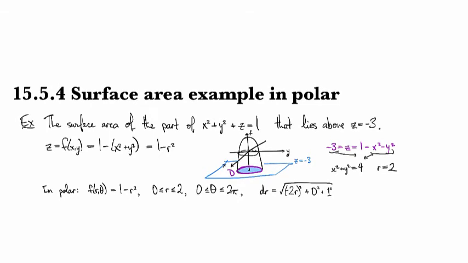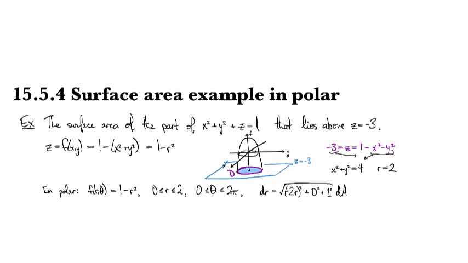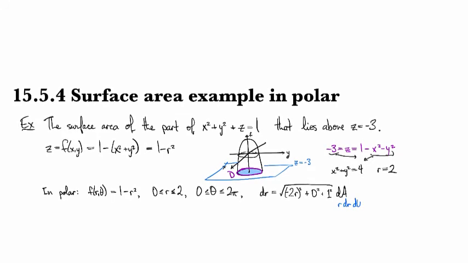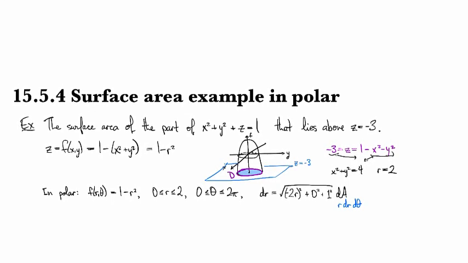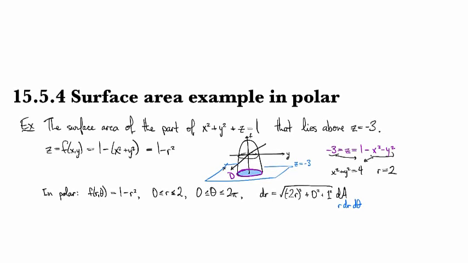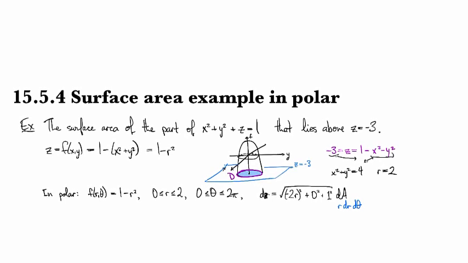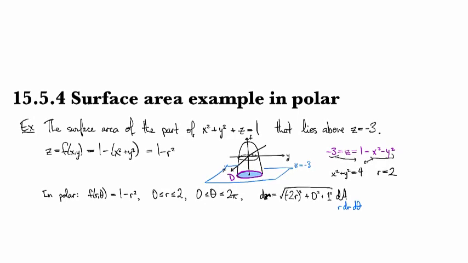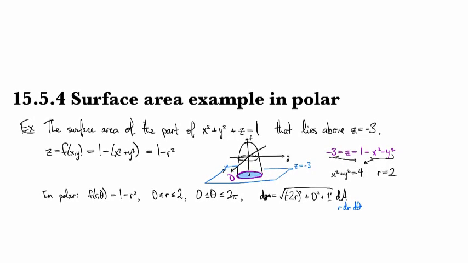Then we have our area element, which in this case is going to be r dr d theta, and that dr is not the same as this dr. Here, I'll make it boldface so it looks a little bit different, but come on, people, choose a different letter, for the love of God. Okay, end of rant.